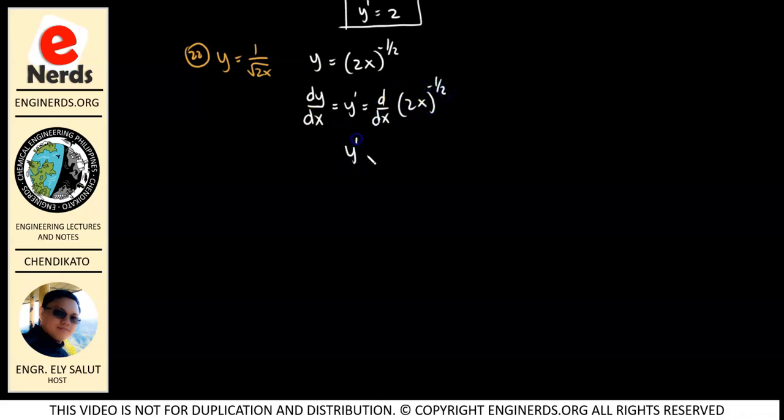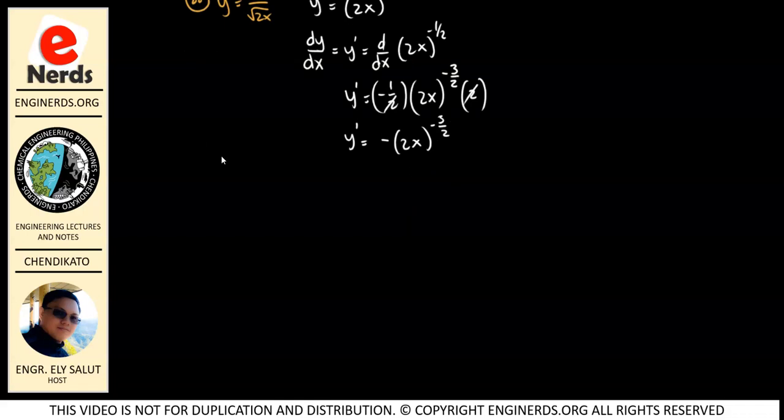So our y prime is equal to negative 1/2 times (2x) to the negative 1/2 minus 1, which is negative 3 over 2, times the derivative of 2x, which is equal to 2. So this will be cancelled out. So our y prime is equal to negative (2x) to the negative 3 over 2.